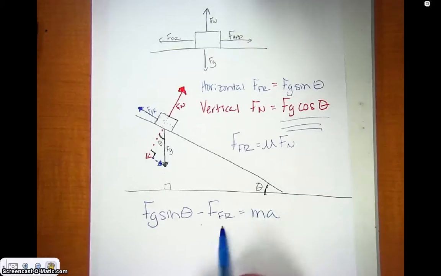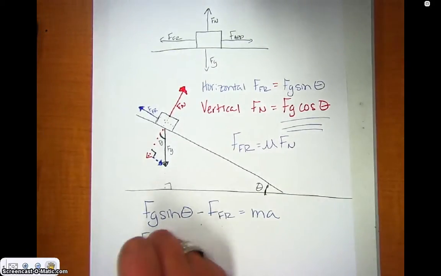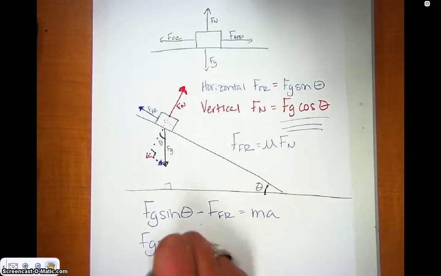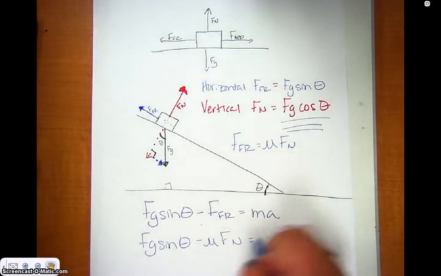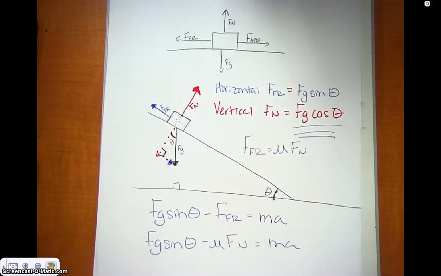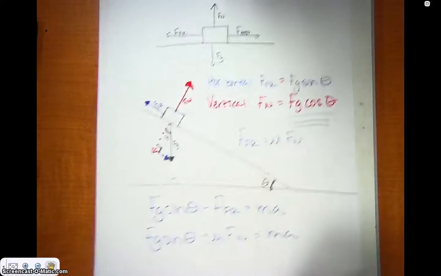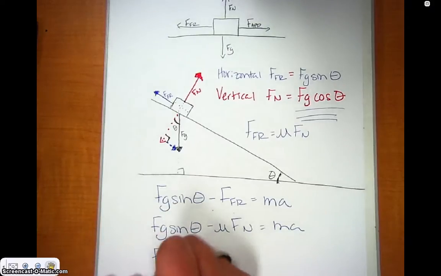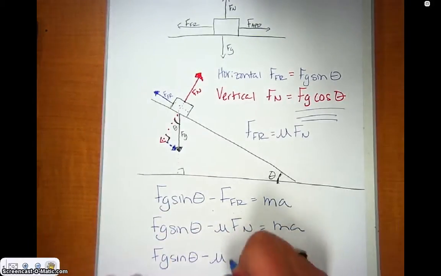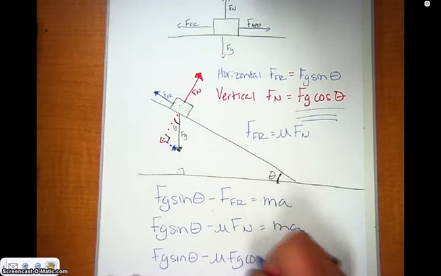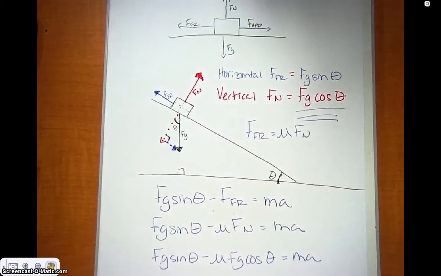So again, I could even further add in some other things for an accelerating situation where Fg sine of theta minus mu Fn is equal to ma. And then if I wanted to plug in for this my Fg cosine of theta, because I know they are equivalent, I could say Fg sine of theta minus mu Fg cosine of theta is equal to ma, right?